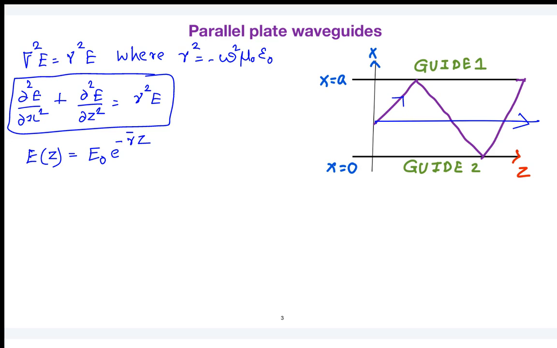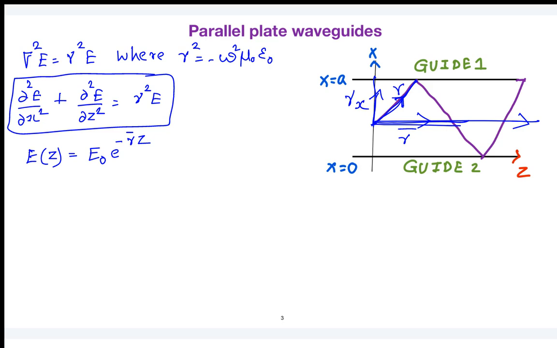This is your resultant propagation constant, which I call gamma. The propagation constant in the z direction, I call gamma bar. And along the x direction, I represent it as gamma x. So gamma is the resultant propagation constant, gamma bar is along the z direction, and gamma x is along the x direction.